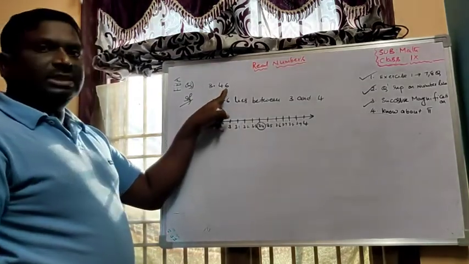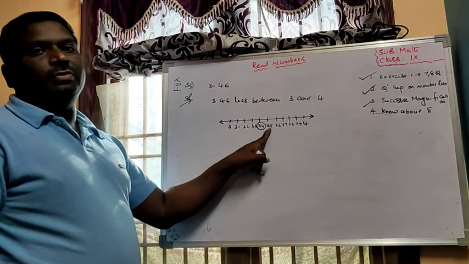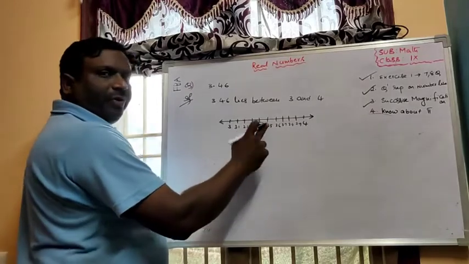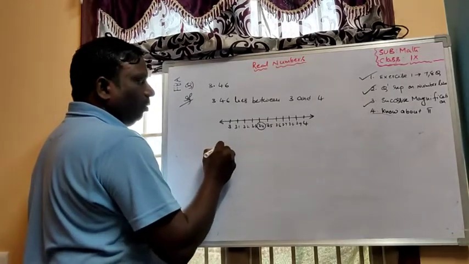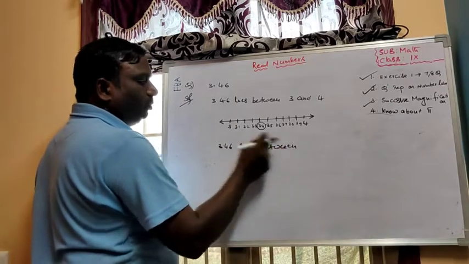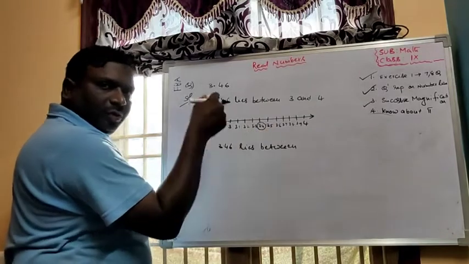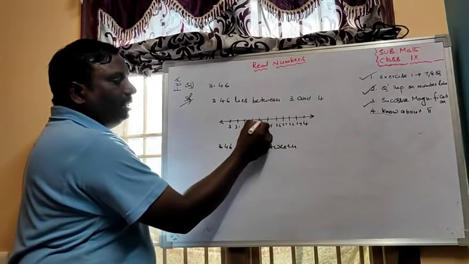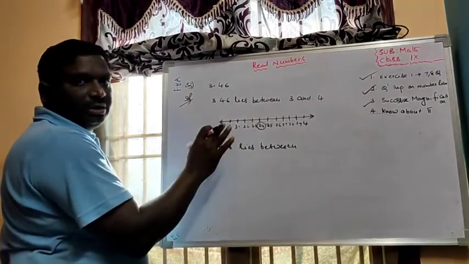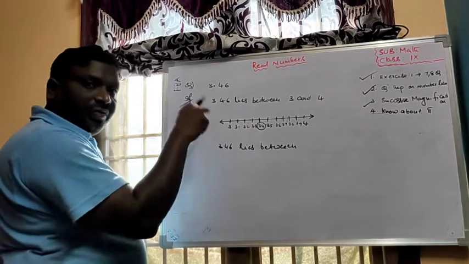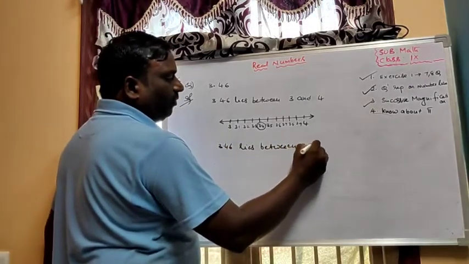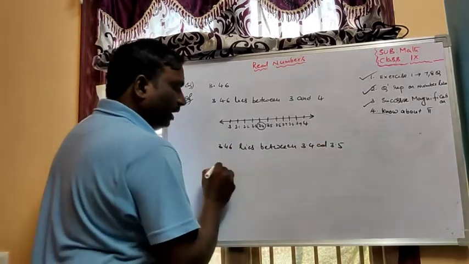Again, 3.46 lies between 3.4 and 3.5. So 3.4 and 3.5 you have to take in step 2. You are magnifying in these two places. If you magnify between 3.4 and 3.5, many numbers are there. So in between two rational numbers there are infinitely many rational numbers, as we already discussed. Again draw the number line.